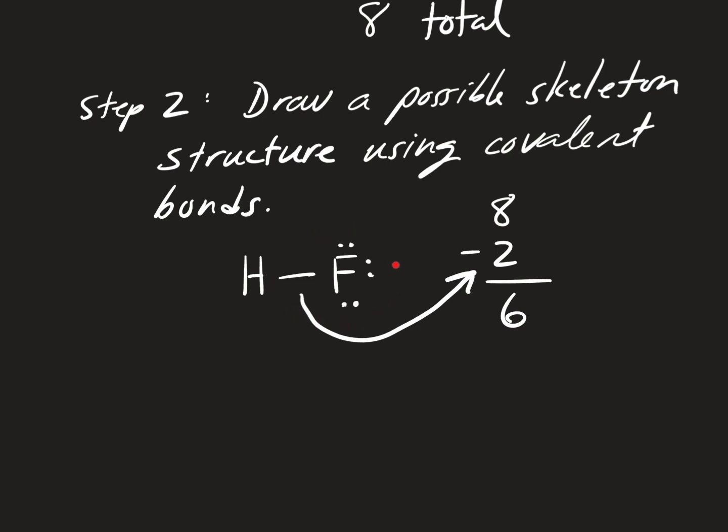That's a total of 8 valence electrons. 1, 2, 3, 4, 5, 6, 7, 8. That's 8 valence electrons. This is an octet of electrons around fluorine. What we have now is a stable molecule. We have octets all the way around, so we know that we've got the right answer.